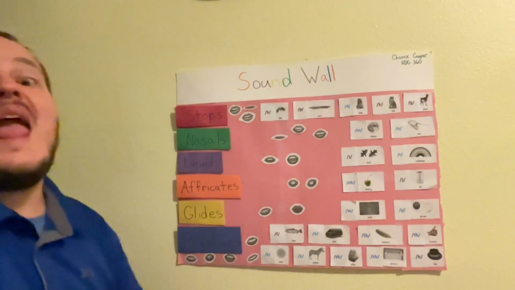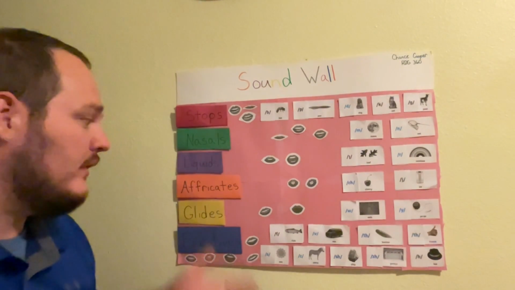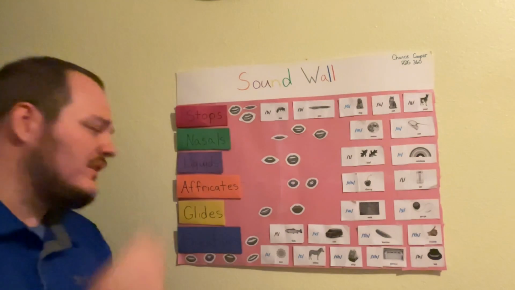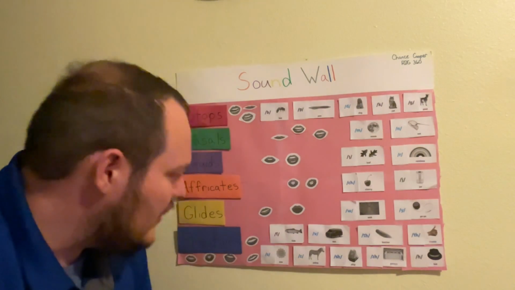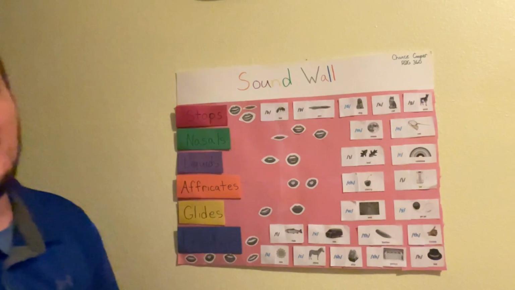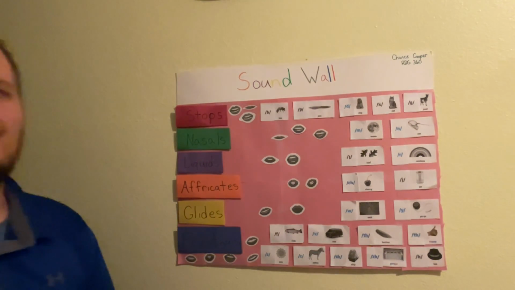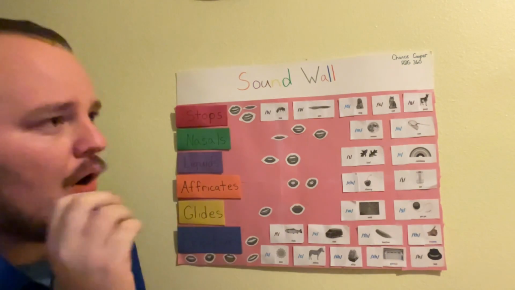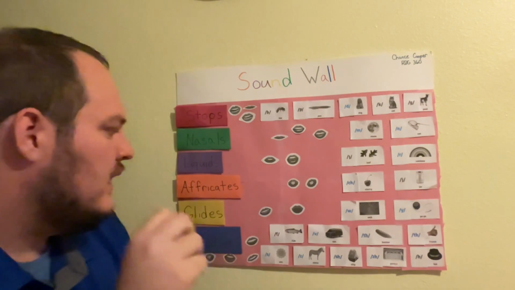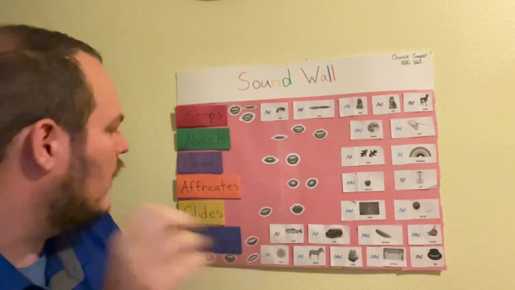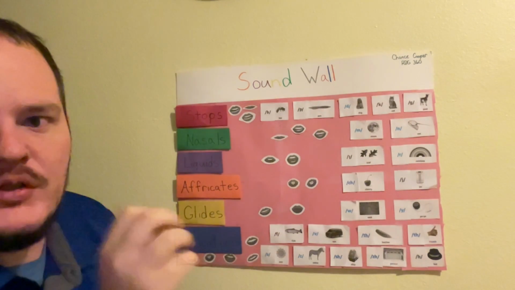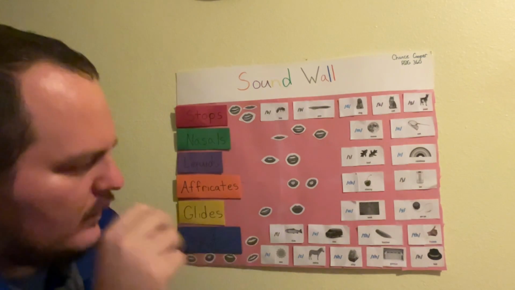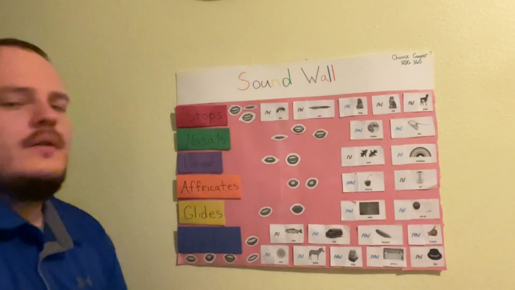And then the hardest and most common one, at least on this word wall, would be fricatives. And these are where you have continuous sounds coming out, and they just keep going through a narrow opening, and it's constantly catching, like zebra, or fish, van, feather, hat.